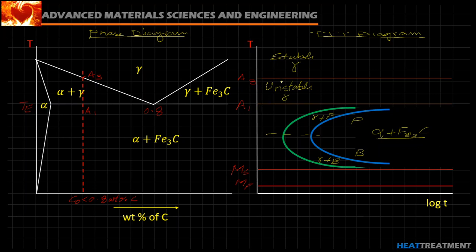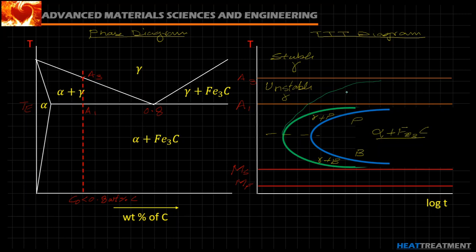So between A3 and A1 a corresponding line in TTT diagram is required to represent this transformation. So this line will start from the nose of the start of this pearlite and go to the A3 temperature. So this is alpha start for hypoeutectoid steel.